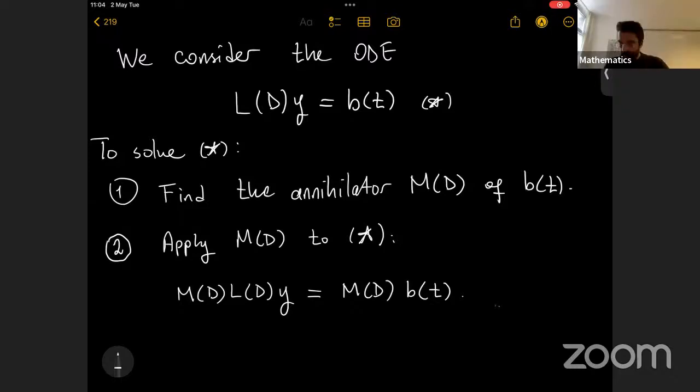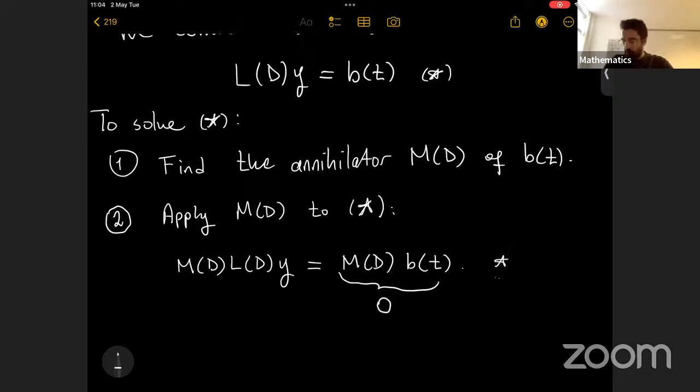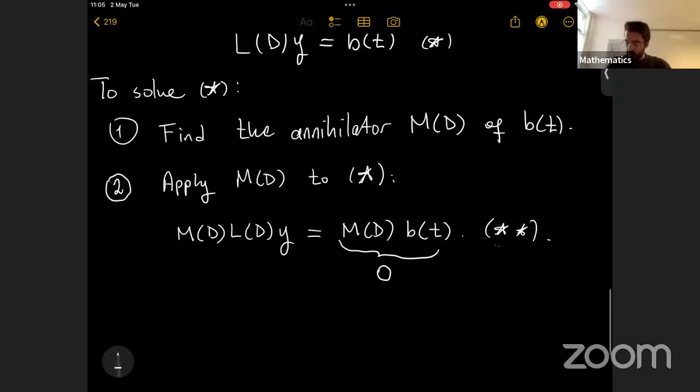Well, M(D)b of t is 0 because M(D) is the annihilator of b. So we get a homogeneous equation. Let's call this double star.